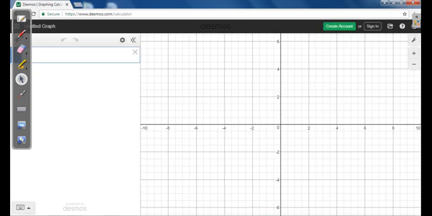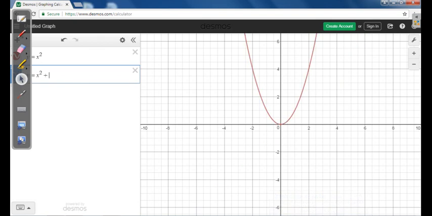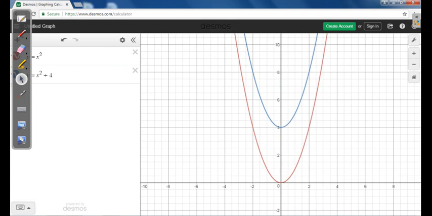So again, this is the parent function y equals x squared. The first one is asking me to graph y equals x squared plus 4. Can you tell me what happened to my original function, which is the red function, when I added that 4?